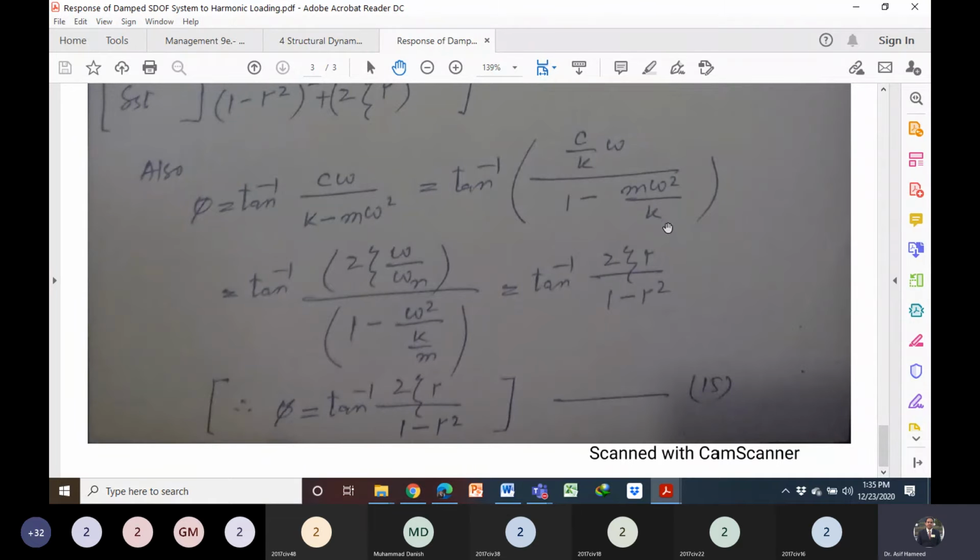And 1 minus m omega square over k. Again, we can take m in the denominator. K over m is omega n square. So this is 1 minus r square. Phi is again a function of the damping ratio zeta and the frequency ratio small r. R is equal to omega over omega n, and zeta is c over Cc.